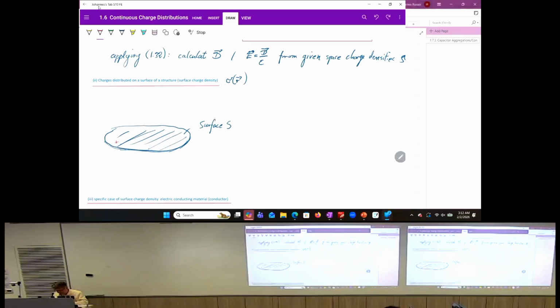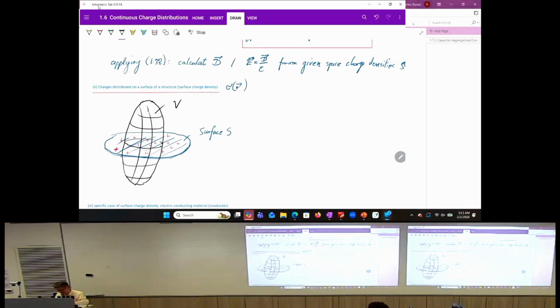Now you can again take your control volume, as you always do with the application of Gauss's law. You have some control volume here. This control volume intersects with the surface. This is our volume here, and it has also an enclosing surface. So we have charges which are distributed on the surface S.